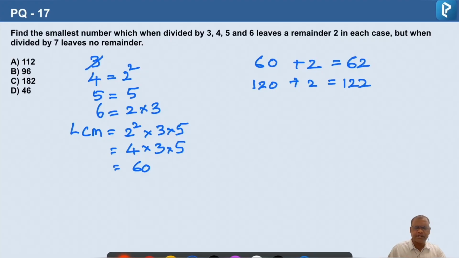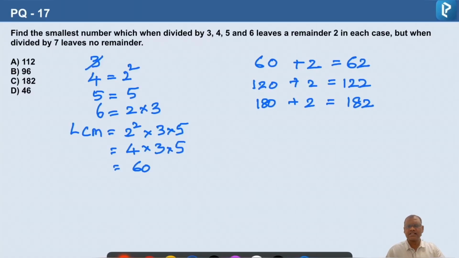This also leaves remainder 2 when you divide by any one of these 4 numbers. Out of these numbers 62, 122 and so on, we have to find the number which leaves no remainder when divided by 7. The next multiple of 60 is 3 times 60, which is 180, and 180 plus 2 is 182.